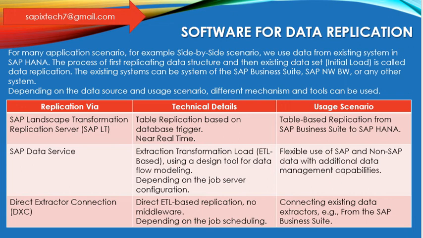What kind of replication process you want to use depends on the scenario and situation. It completely depends upon the use case. The first two can be used with SAP and non-SAP systems, but DXC can be used only with SAP to SAP data transformation.